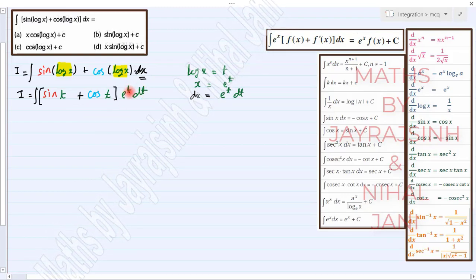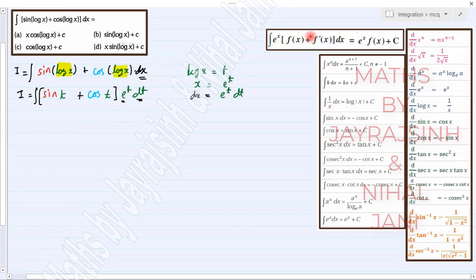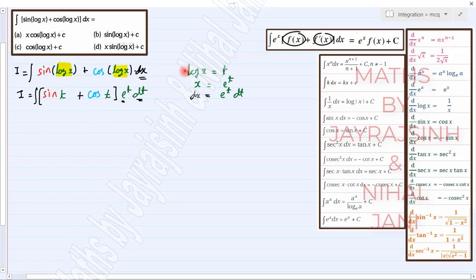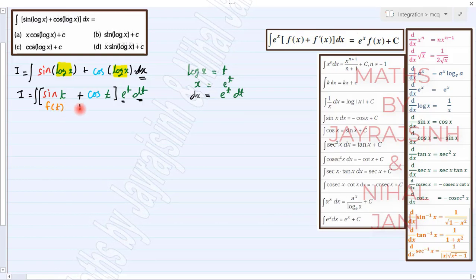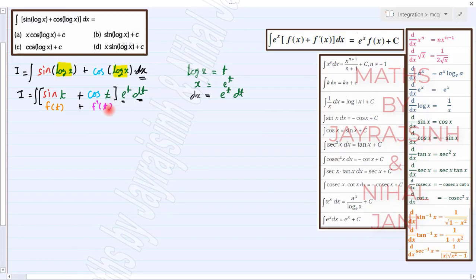Now, as you can see, we have e raised to t within the multiplication of dt. So we have to apply the e raised to x (f x plus f dash x) formula. If we select sin t as your function, then we will get its differentiation within the summation of f t.